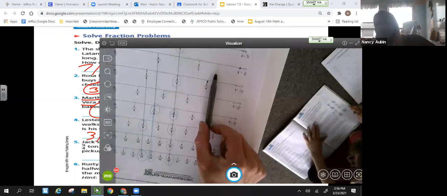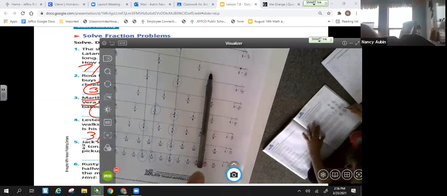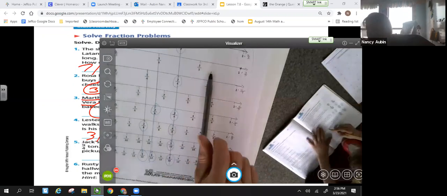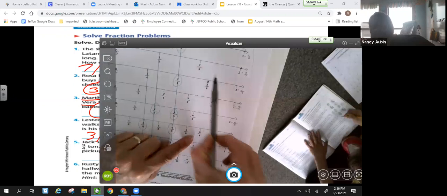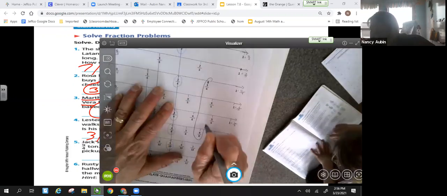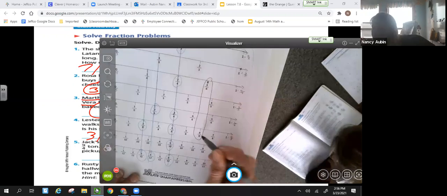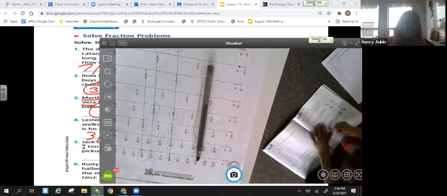And we're comparing it to what fraction? 6/8, right? Look, he's right. Here's 3/4. And here's 6/8. They're the same, or we use that word equivalent.